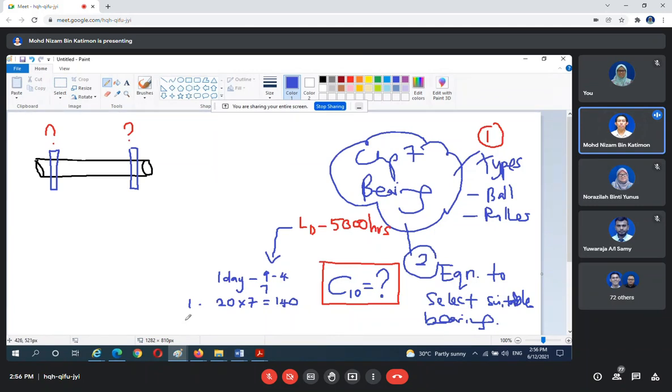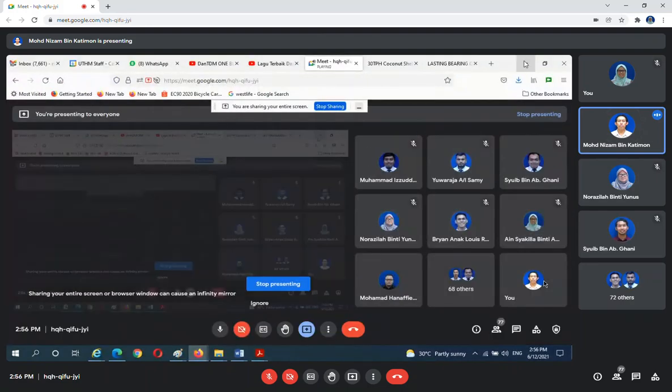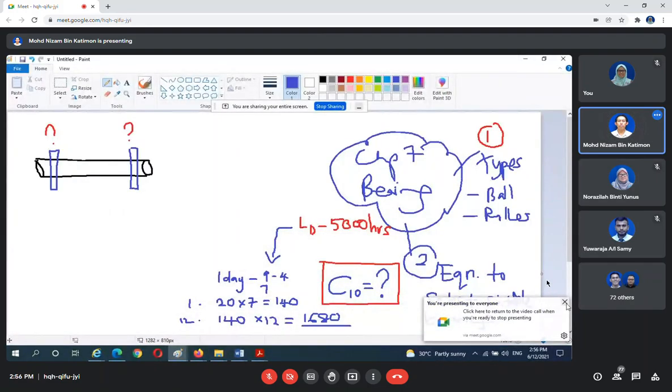For 12 months, one year, 140 hours times 12 is 1,680. That is the required hours in a year.